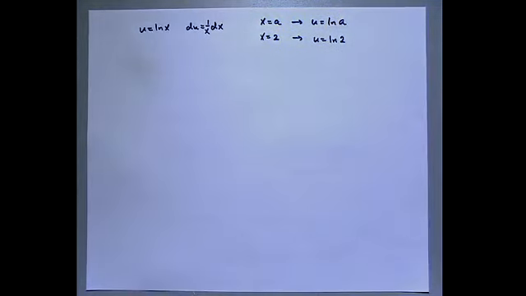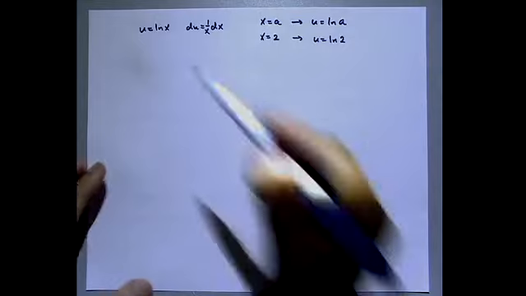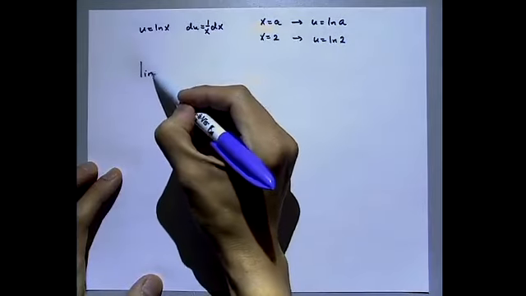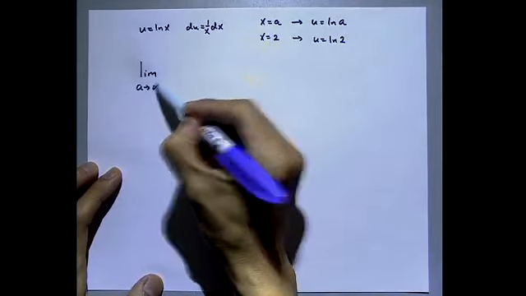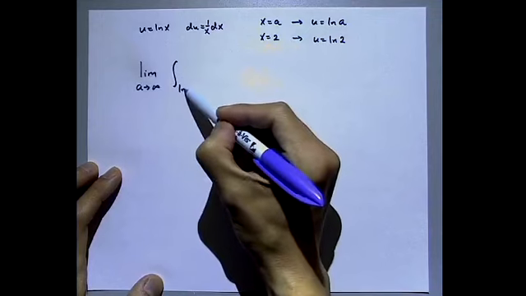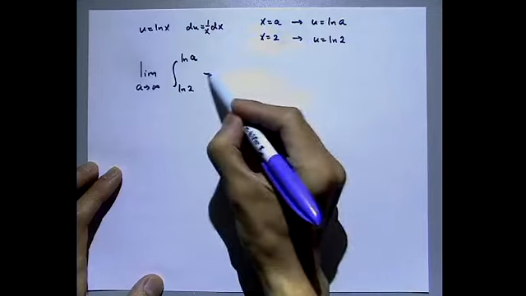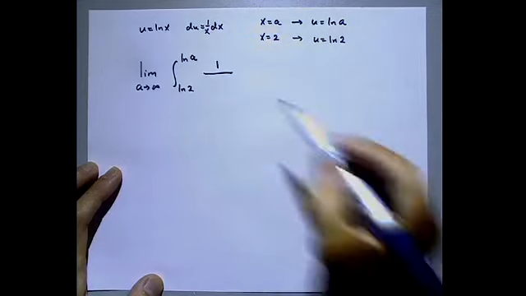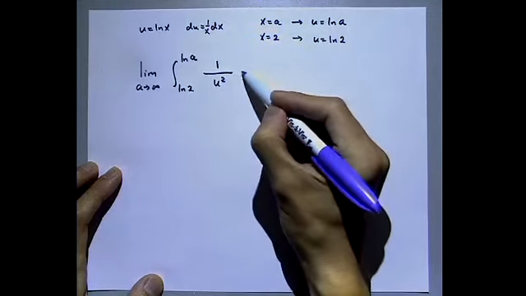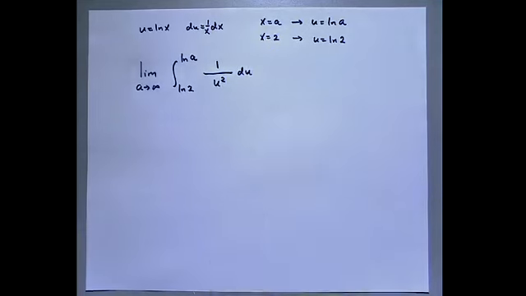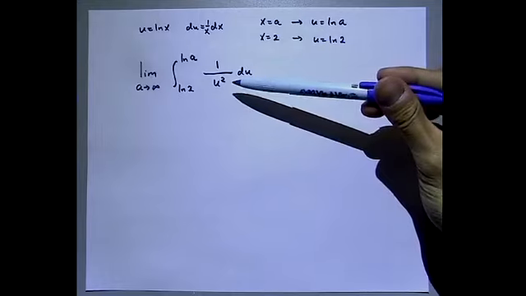So I'm doing that just to avoid going back to x. If you don't want to do this, then you've got to integrate and then go back to x and then deal with the limit. So here, downstairs natural log of x squared is u squared.